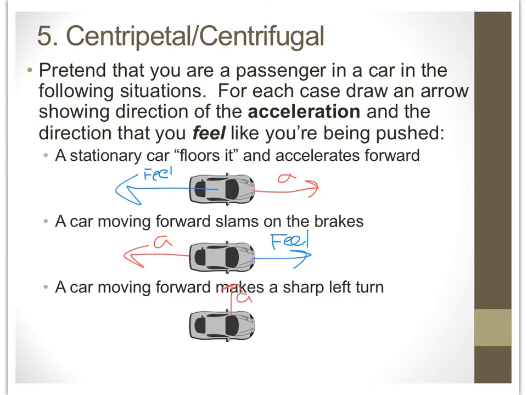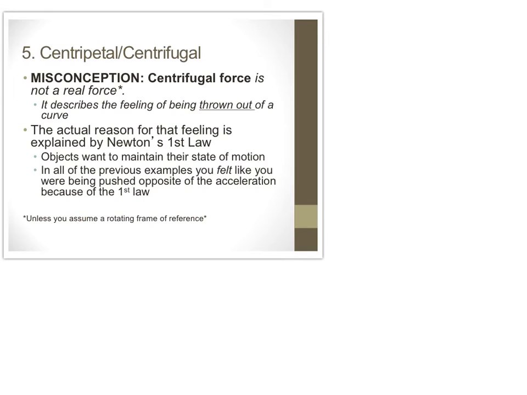It needs an acceleration inwards towards the center of the circle in order to make that turn, but a passenger is going to feel like they're being thrown out of the turn. So this experience is not unique to turning. Anytime we're accelerating in a car, we often feel like we're being forced in the direction opposite the acceleration. So why is this? The real reason has to do with Newton's first law. Let's go back to our school bus example.